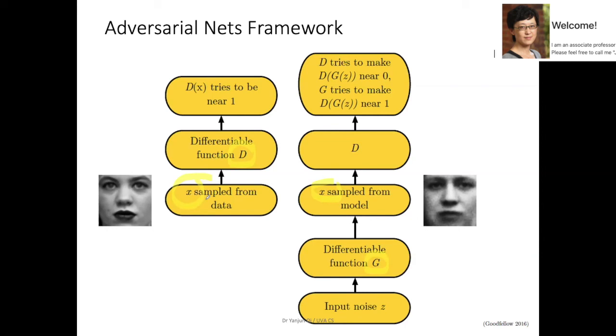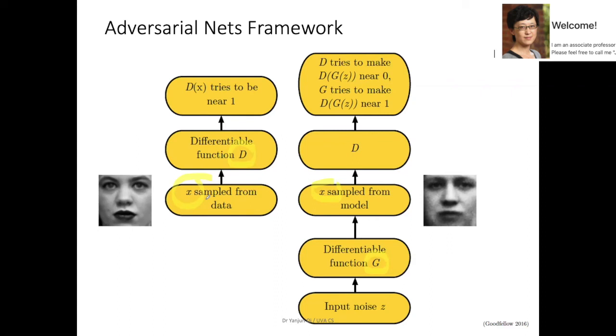Which is really interesting if you think about it. So in the end, you're using this bi-level optimization to make your generator generate samples that are just so good. There's almost no way to distinguish the generated sample versus the true sample.